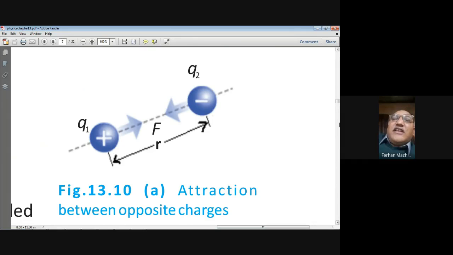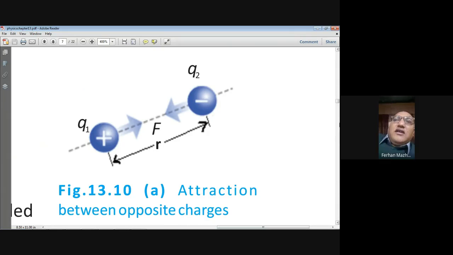Coulomb's law says that this electrostatic force between the two charged bodies depends upon two things.